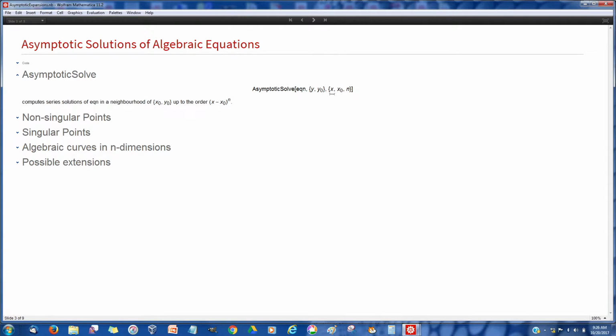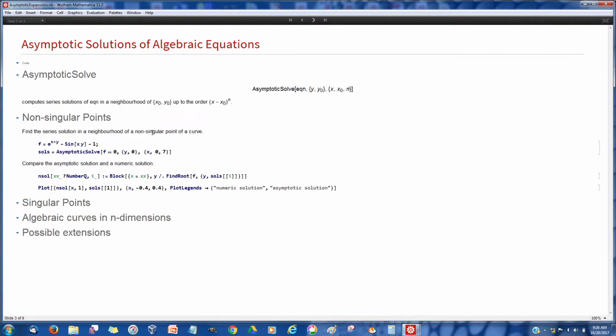Now, depending on what kind of situation we are in, those things will have slightly different meanings. Let me start with the simplest situation, where we have a non-singular point, an equation, and a single variable. So in this case, we have an equation with two variables. It's an analytic equation.